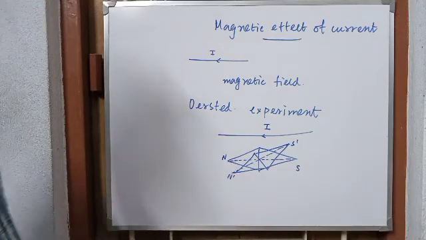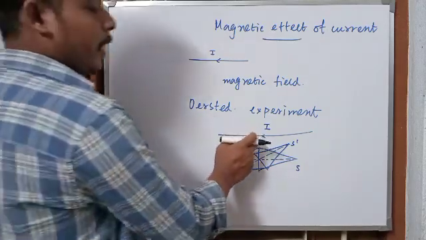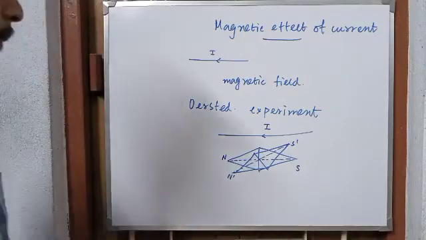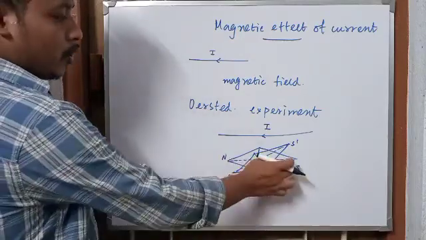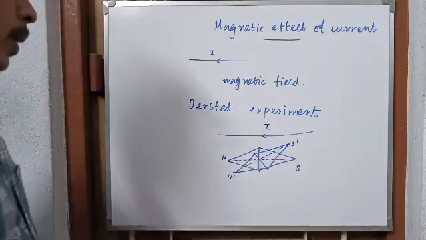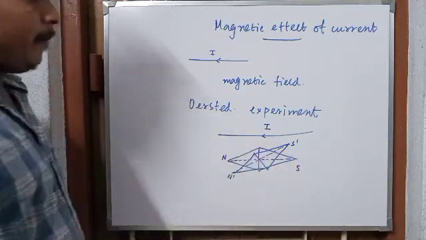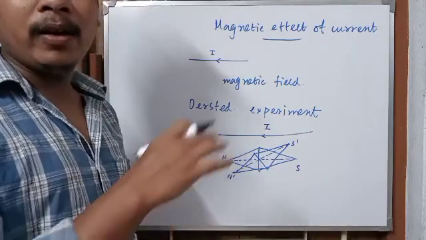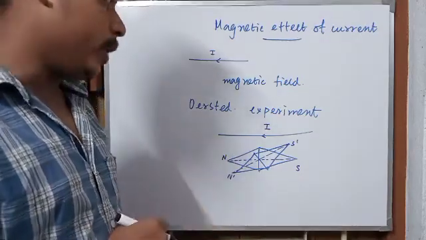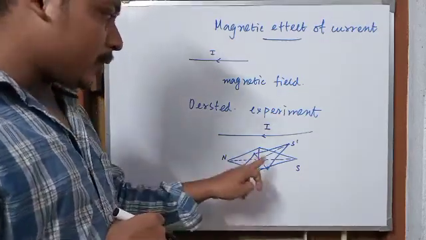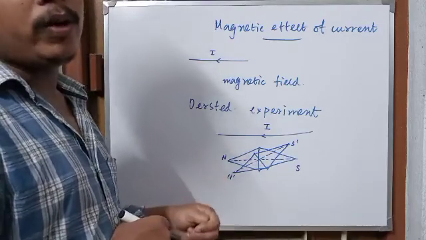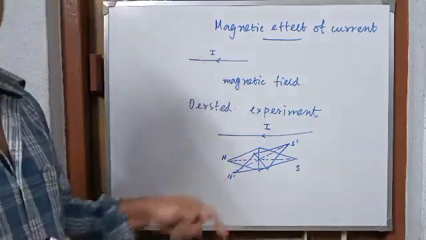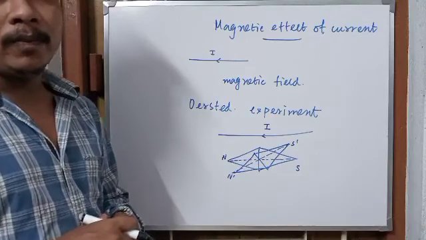So we can say that a current carrying wire creates a magnetic field. Why? Because the north-south pole of a magnetic needle creates its own magnetic field surrounding it. This previous magnetic field is only affected by another magnetic field.